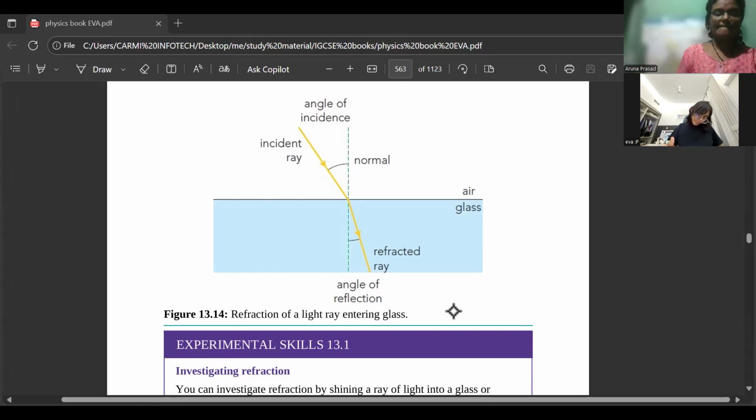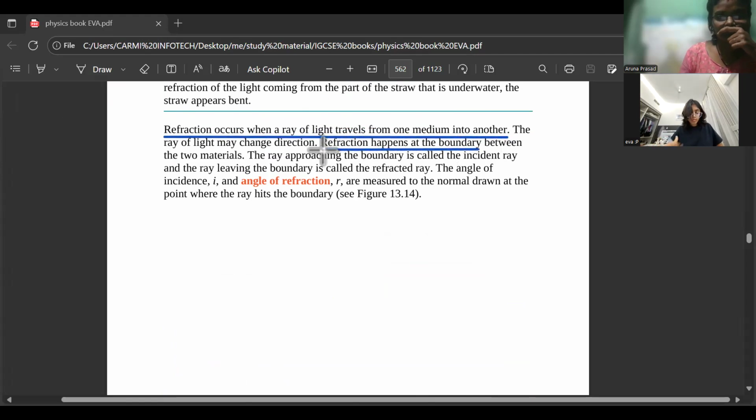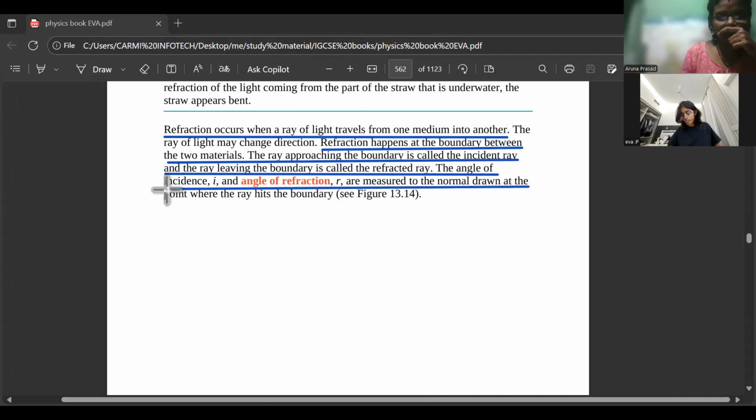Yes, I wrote it. Okay, now the explanation part. Everything, almost everything, write it.